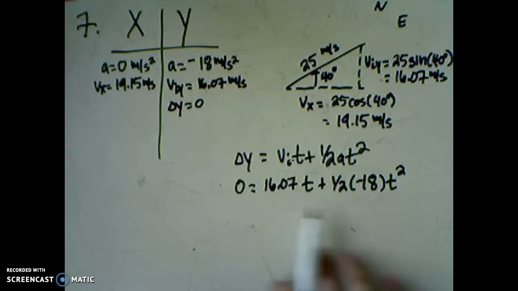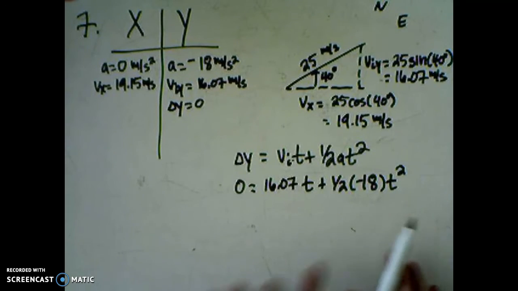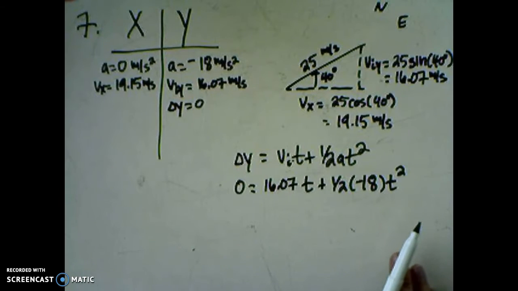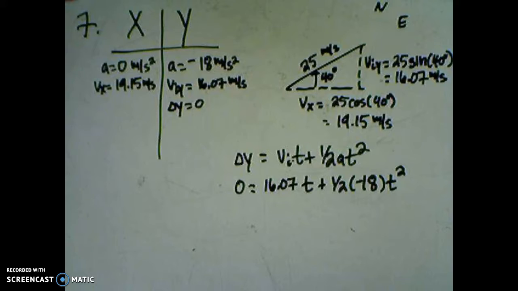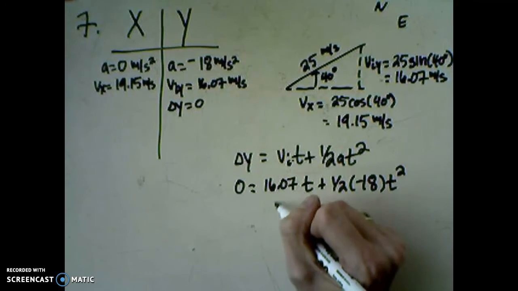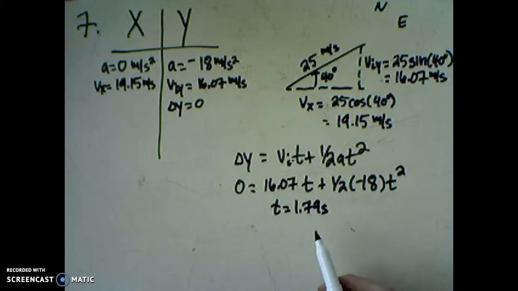If you're confused about this step, just like in number 6, I'll ask that you either see your math teacher or Ms. McCaskey or myself for help on how to solve a quadratic equation. When I graph it, which is my method of choice, I get that t equals 1.79 seconds is my only physically viable option. The other one does not make physical sense.